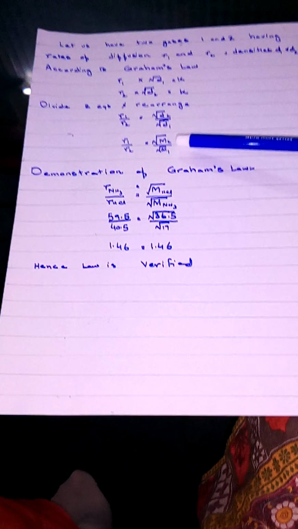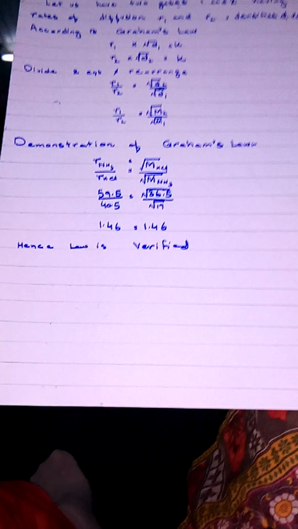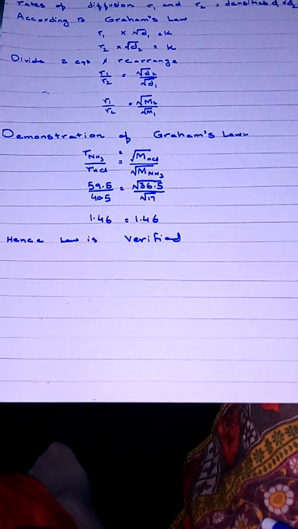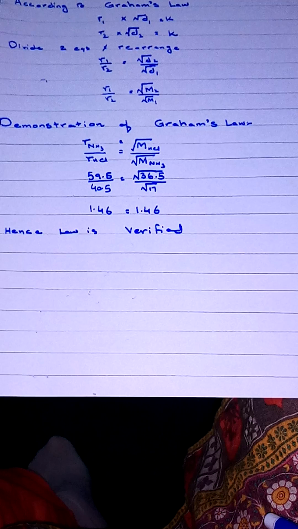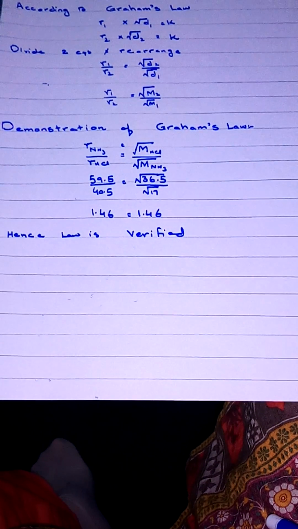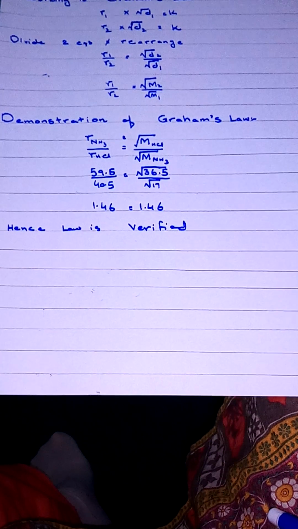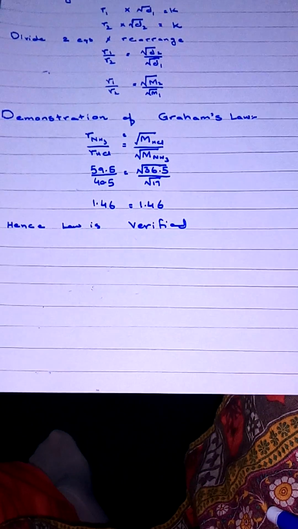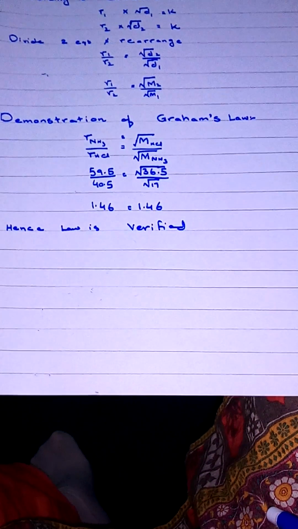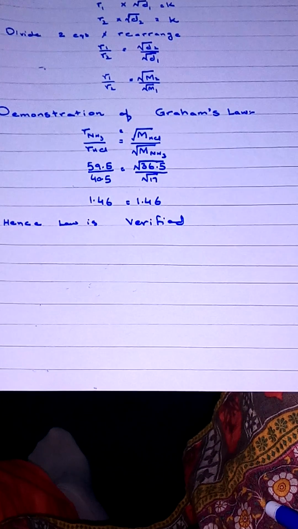And now we will verify Graham's law of diffusion. Demonstration of Graham's law: this law can also be easily verified in the laboratory by noting the rates of diffusion of two gases in a glass tube. When they are allowed to move from opposite ends, two cotton plugs soaked in HCl and ammonia solutions are introduced in the open ends of a 100 cm long tube.